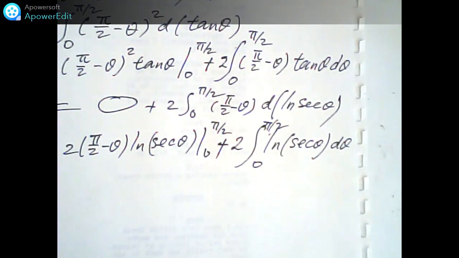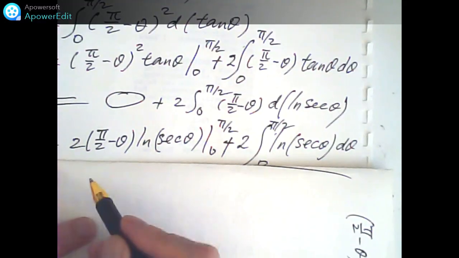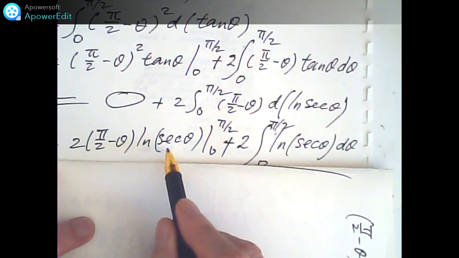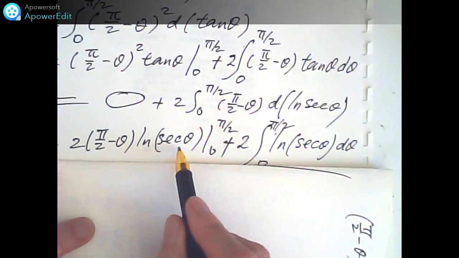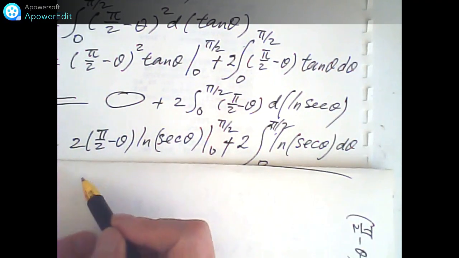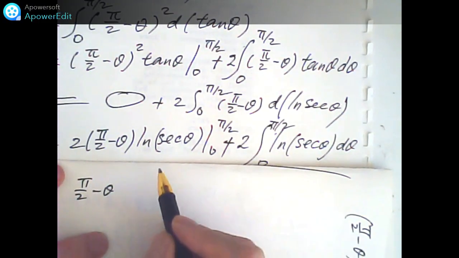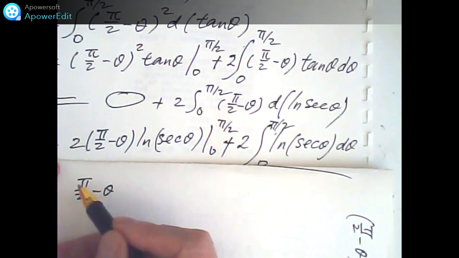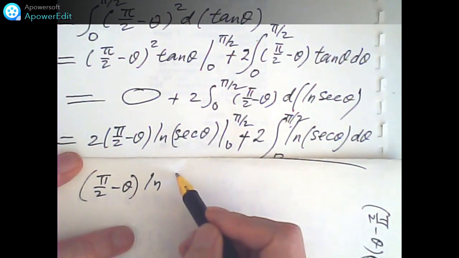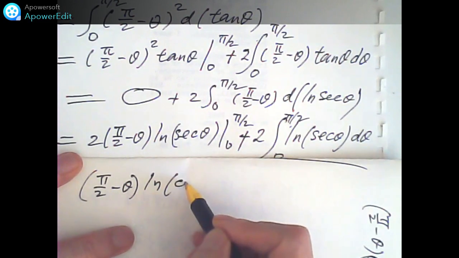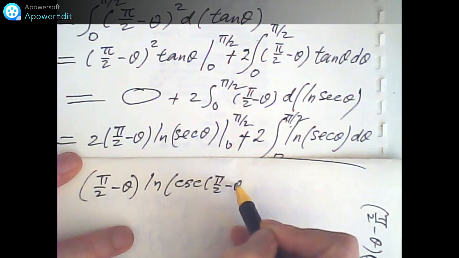Now, problems here again. For this one, secant theta is equal to cosecant half pi minus theta, isn't it? So this is a half pi minus theta. This is a log cosecant half pi minus theta.